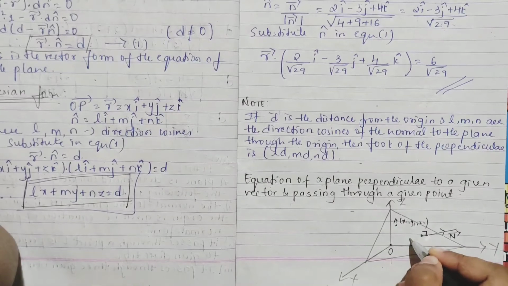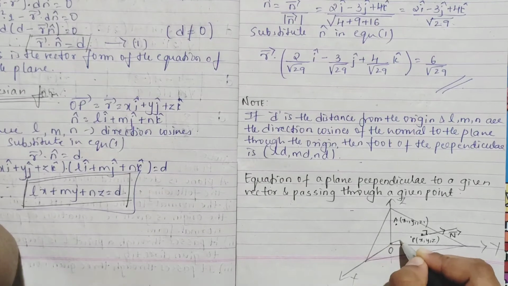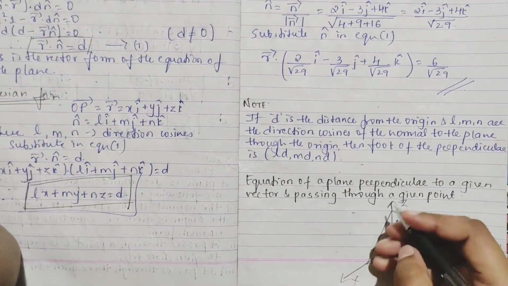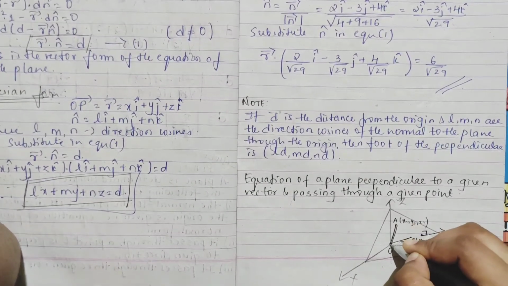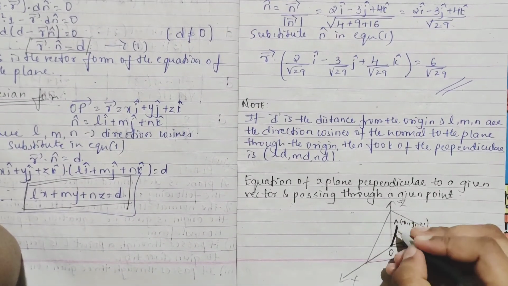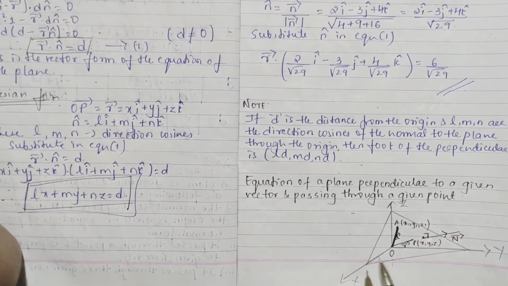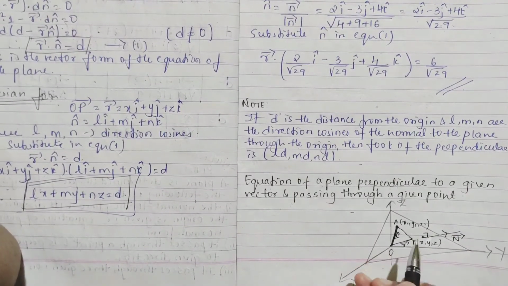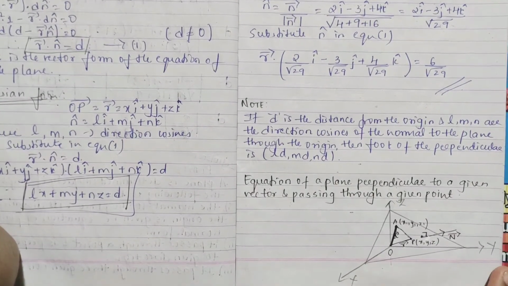Suppose I am taking any point P (x, y, z). Now if I join P, its position vector is obviously vector r. I will also join OA, and this position vector is vector a. I will also join AP, and apply the triangular law of addition.